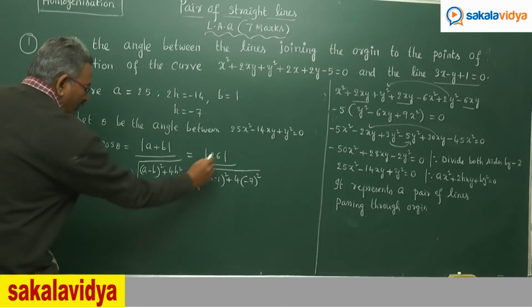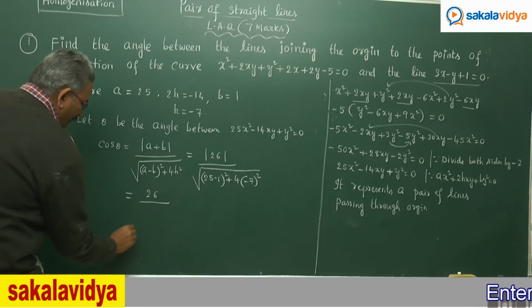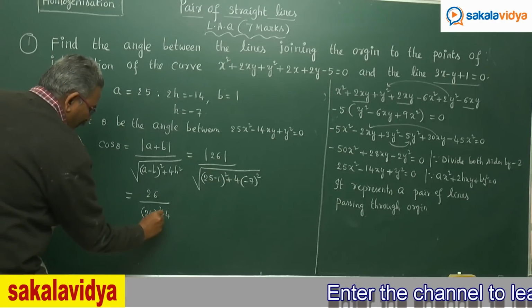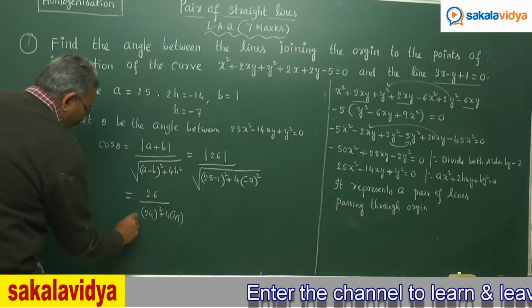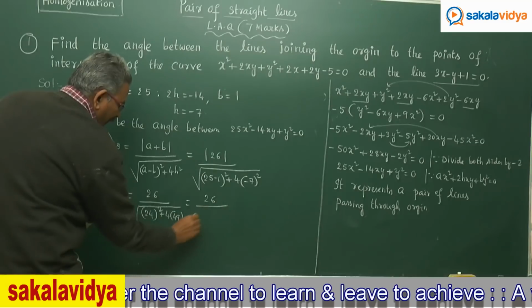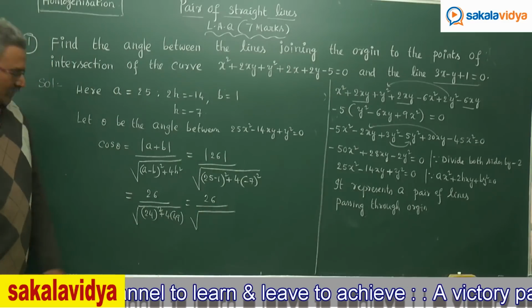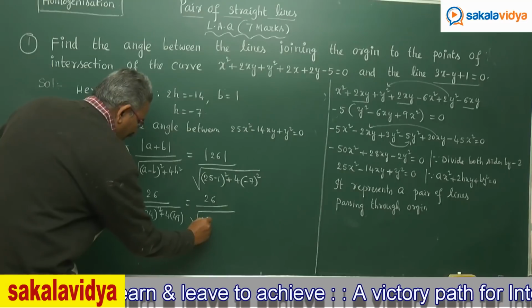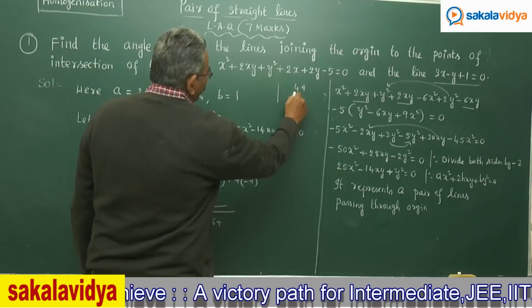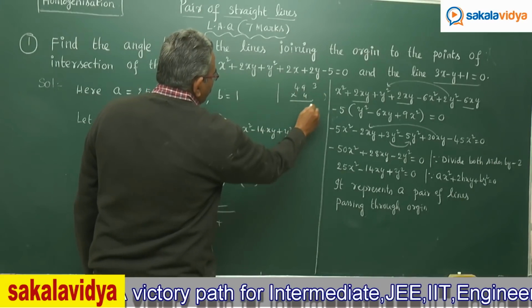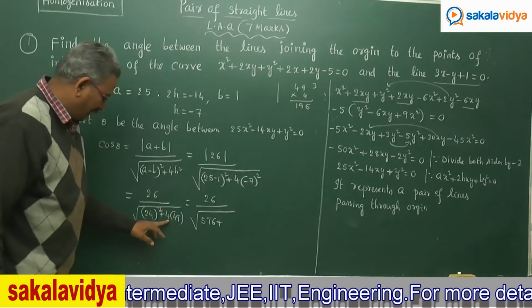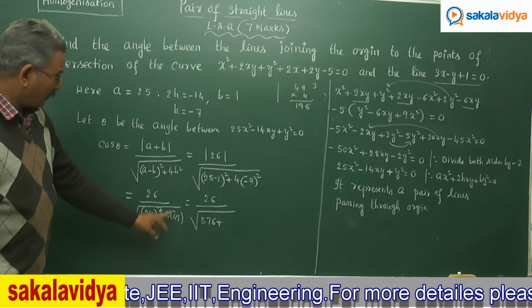So equal to 26 over root of 24 square plus 4 into 49. 24 square is 576, and 49 into 4 is 196.